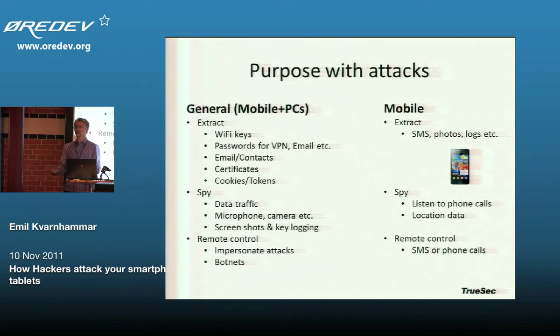And of course, if we get hold of such a device, either physically or if we can control it remotely, then we can also get access to that location data and track the user's behavior or movements. And in the same way, remote controlling, sending SMS or placing phone calls at a premium rate.